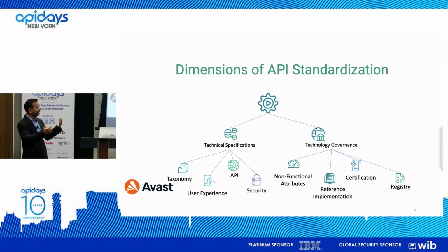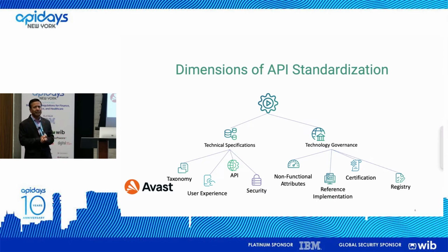Now you have a great standard, but if you want to drive adoption, and true great standards have wide adoption, you want to make sure you're addressing the governance aspects, the non-functional attributes, making sure the APIs are actually there. Somebody's stood up a developer portal, but if you really can't access it, or if it's down 50% of the time, that API is really less than useful.